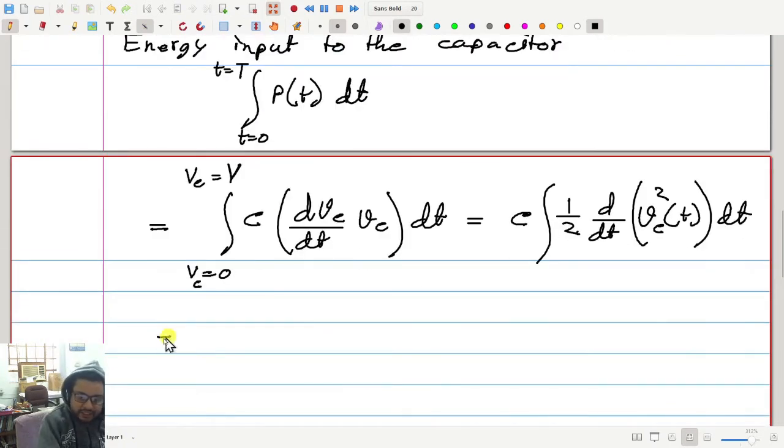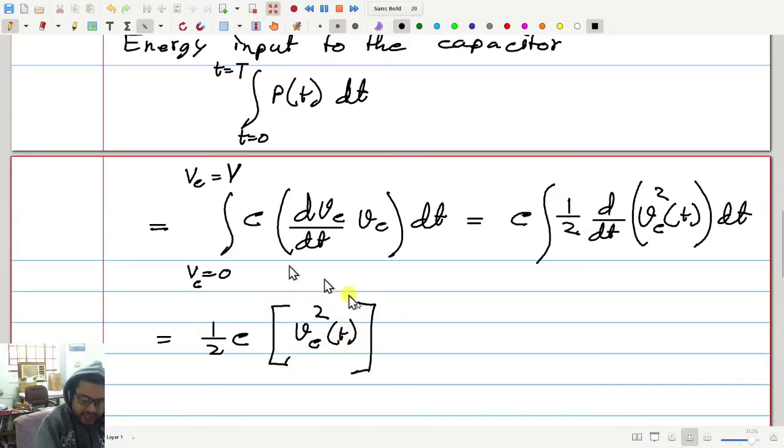Now if you do the integration, what will you get? You will get half C outside, and the integration and differentiation will cancel, so we will have Vc(t) squared with the range from 0 to capital V. This will come out to be V squared, and half C as it is, so half CV squared.